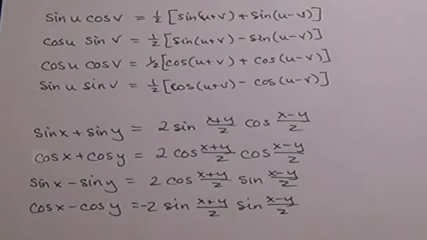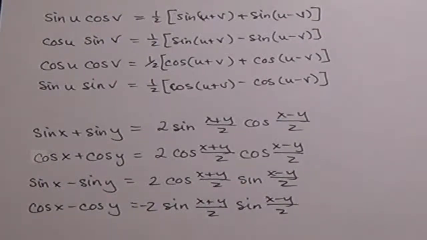The first four are our product to sum formulas, meaning I'm starting with a product of sines and cosines and then changing them to sums and differences of angles. Okay, and then the last four listed there are our sum to product formulas, where we start with a sum of sines and cosines and end up with products of sines and cosines.